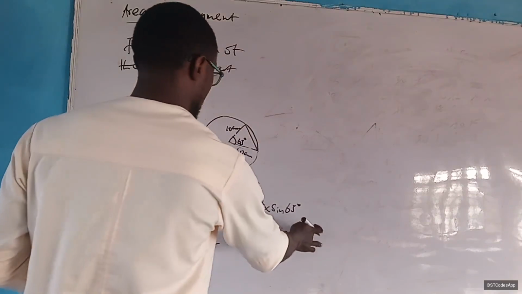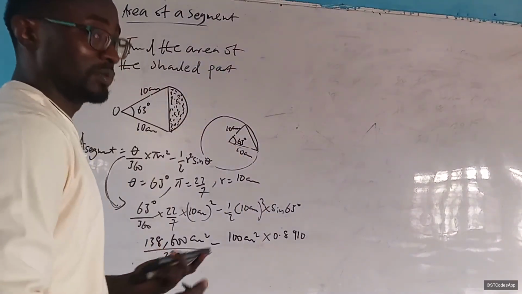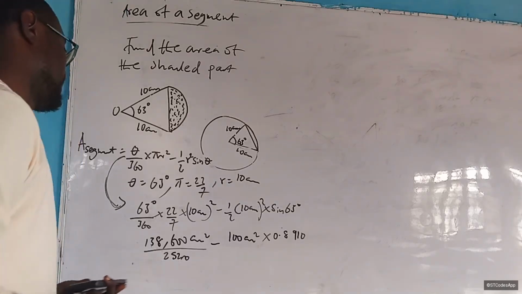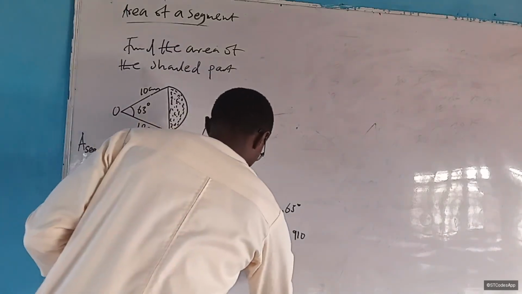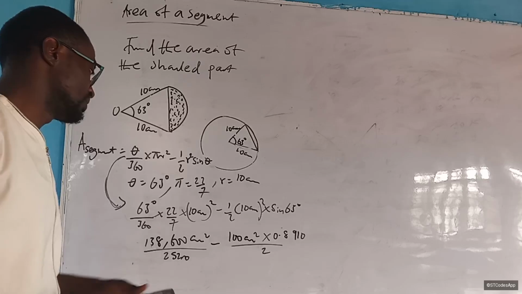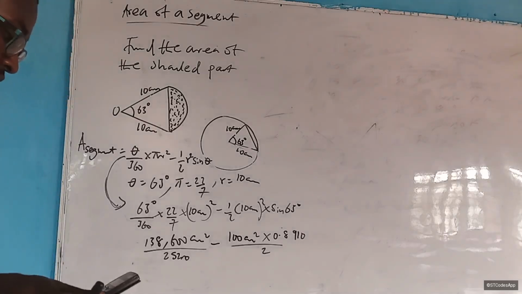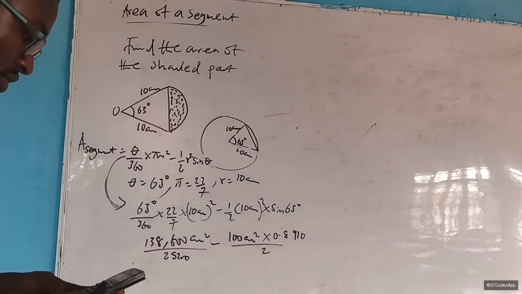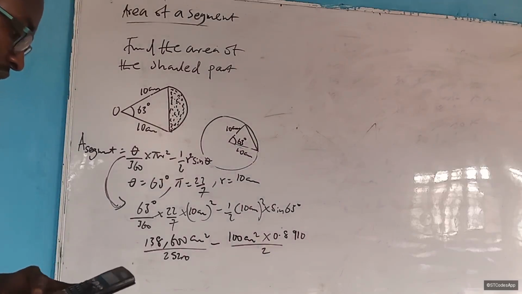That is approximating to 4 decimal places. We have 0.8910, then everything all over 2. Now our aim is to divide this: 138,600 divided by 2,520.